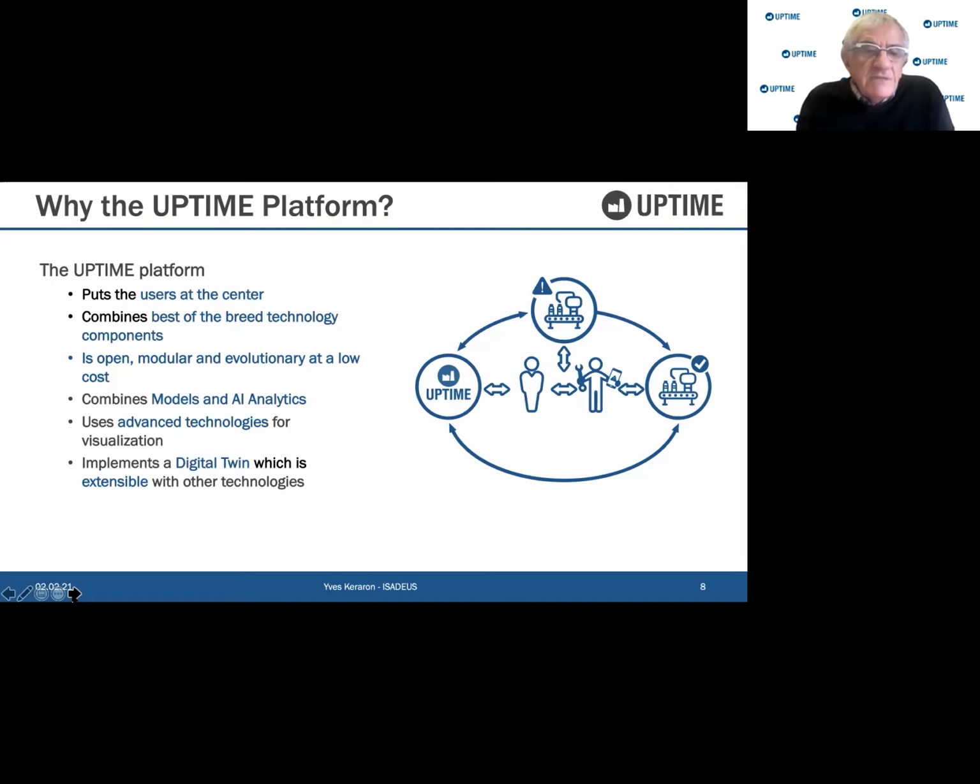And I come back to this ecosystem because it includes maintenance engineers, technicians, production managers, but also possibly external stakeholders, and also new skills in modeling, data analysis, to support the implementation of this kind of approach.